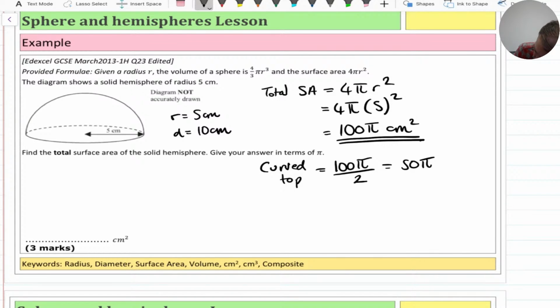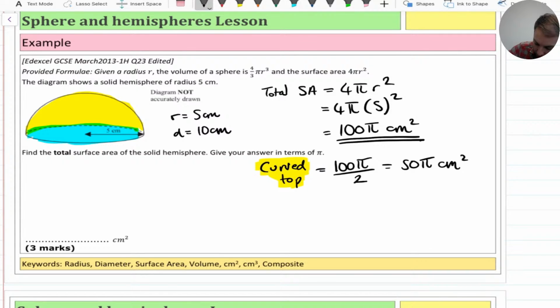So here, I've just worked out the curved top part, which I'll highlight so you can see. So my curved top is 50 pi, the area of the curved top, but the bit that's missing is the circle on the bottom.